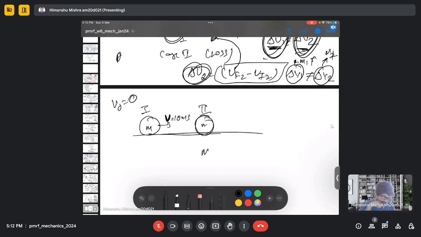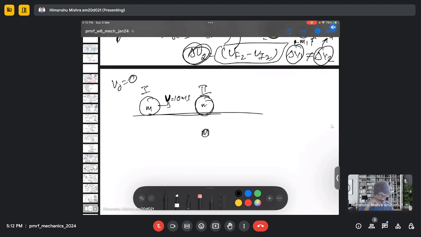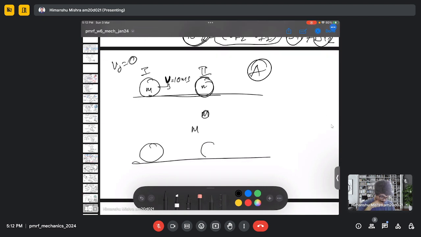Now the momentum, let's say we evaluate two quantities. You already can imagine the energy, let's say momentum only. So here what happens? This is my case A. This is my case B. It contains some loss in the kinetic energy.